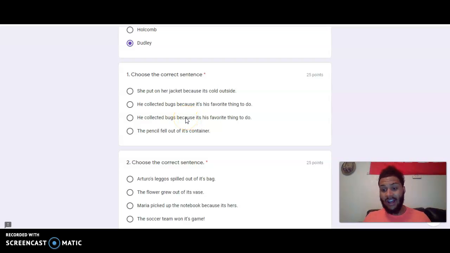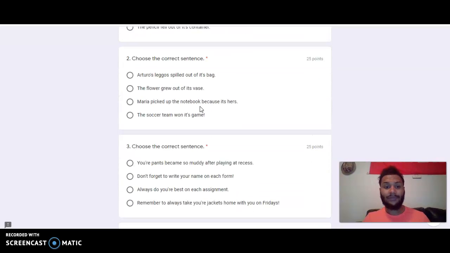This C answer is not good because there's not an apostrophe, so let's go to D. The pencil fell out of its container. Did the pencil fell out of it is container? No way, right? So the answer here should be B. He collected bugs because it is his favorite thing to do. If there's an apostrophe here, you got to make sure that you split it up and read it and make sure it sounds right. So if there's an apostrophe, it should say it is. And it works, so that's a good answer.